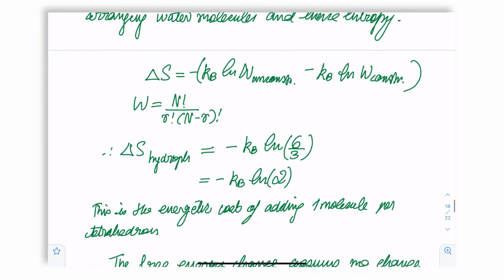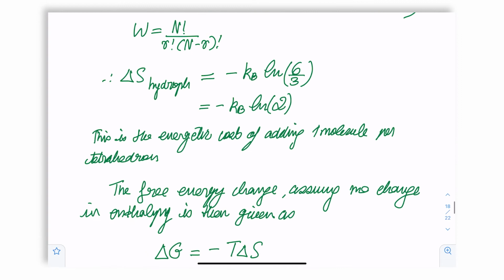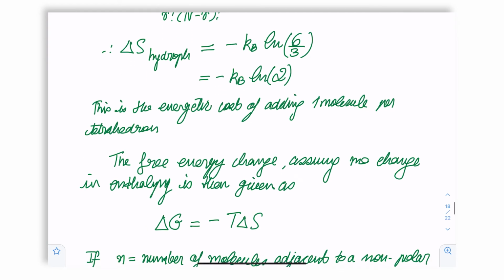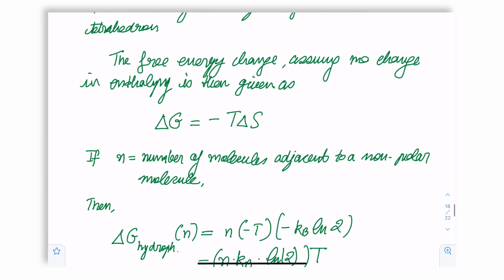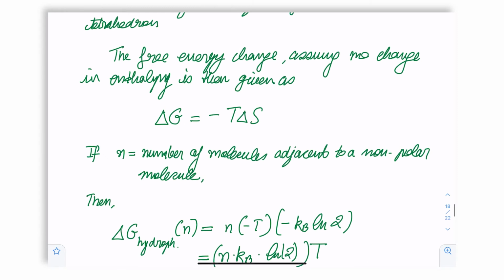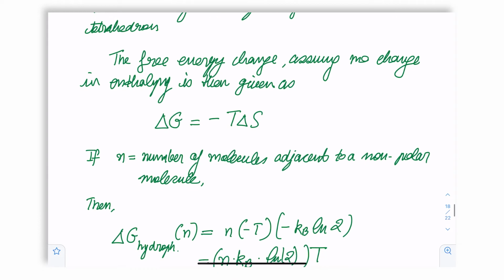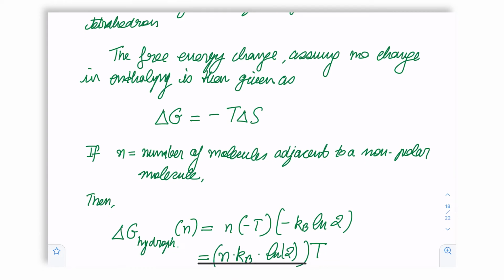So the energetic cost of adding a molecule per tetrahedron can be thought of in terms of the free energy change, which is delta G. And so we simply write delta G in terms of changing internal Gibbs free energy. We assume that there is no change in enthalpy, we assume therefore that delta G can be written as minus T delta S, because delta H is 0.